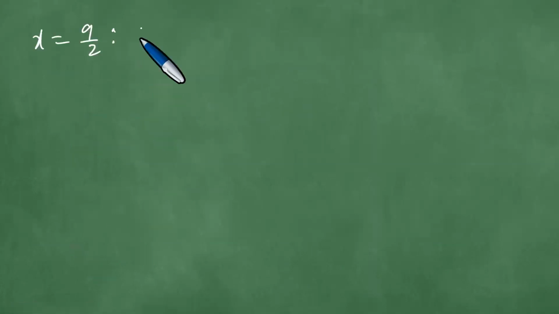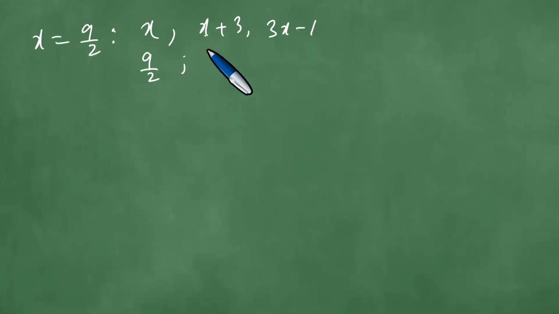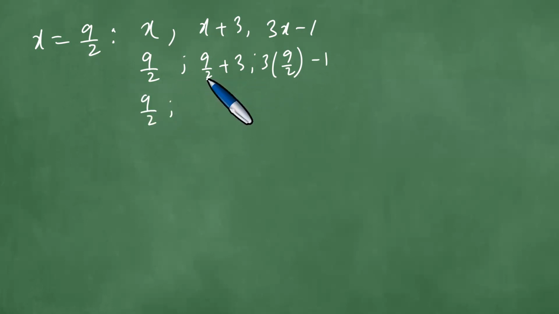You substitute the 9 over 2 in the place of x, and then you add 3. Here you substitute the 9 over 2, you subtract 1. So the first term is 9 over 2, and then this one is 15 over 2, and then this one here is 27 over 2 minus 2 over 2, which is 25 over 2.